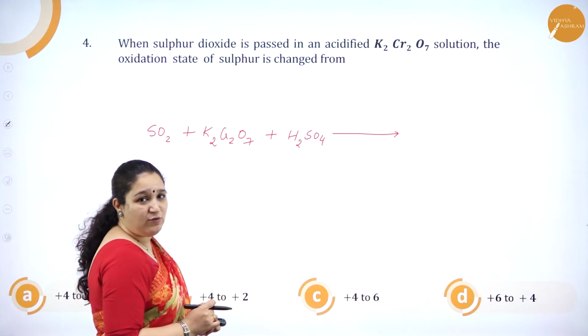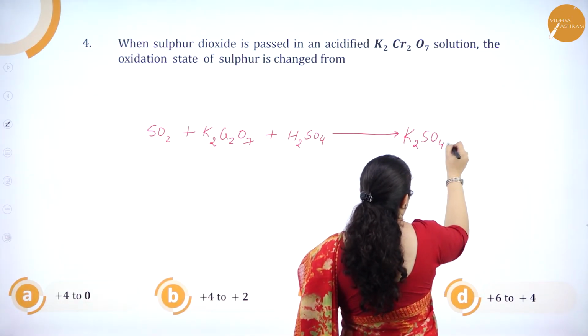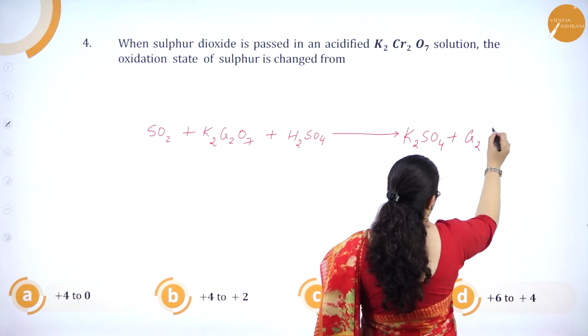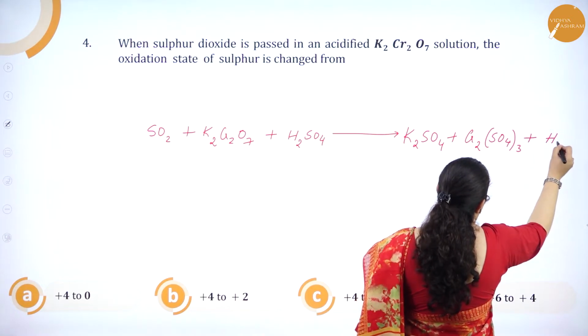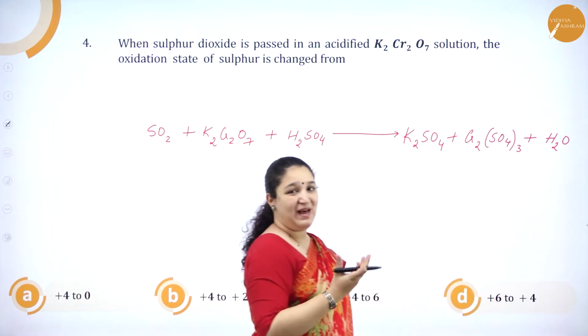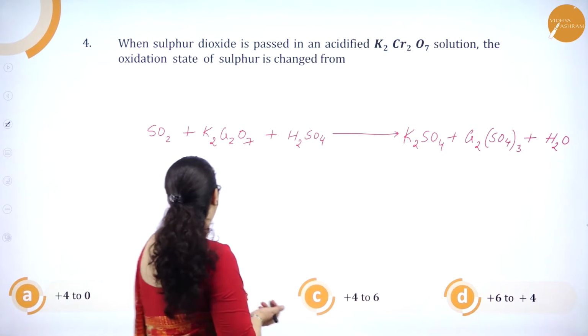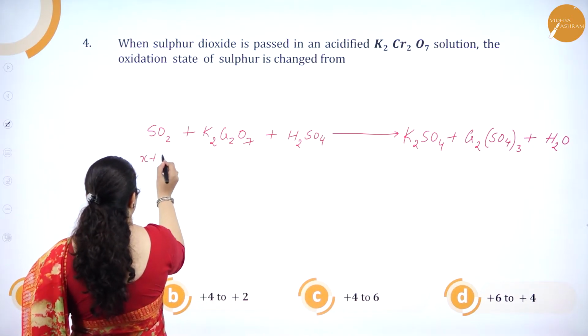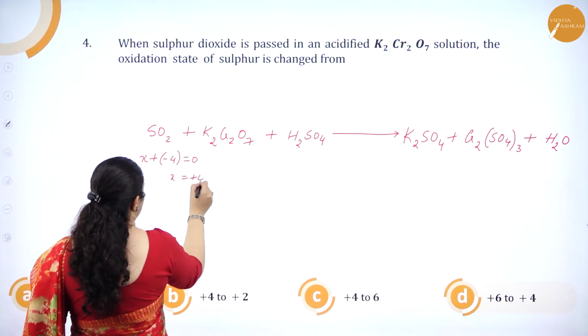The products which are formed here are K2SO4, Cr2(SO4)3 and water. I have not balanced the equation. For me, balancing is not important here. Only the change in oxidation number I need to get. So in SO2, if I take it as x minus 4 is equal to 0, x is equal to plus 4.